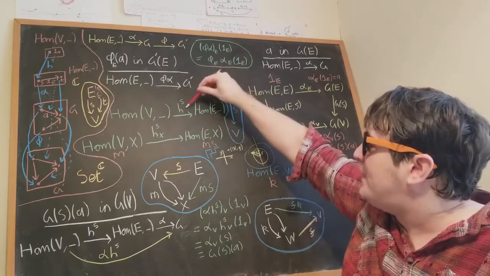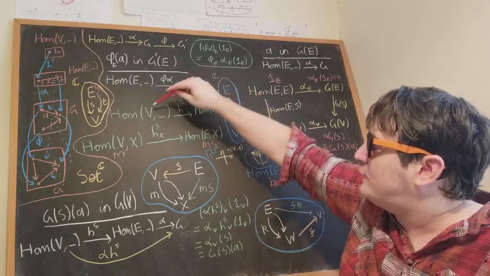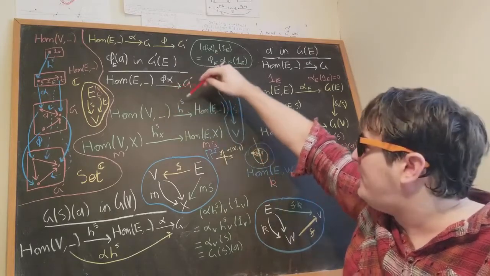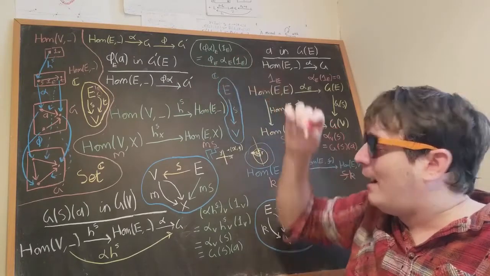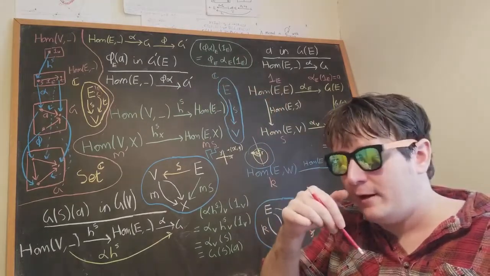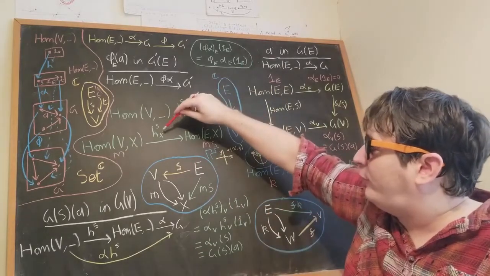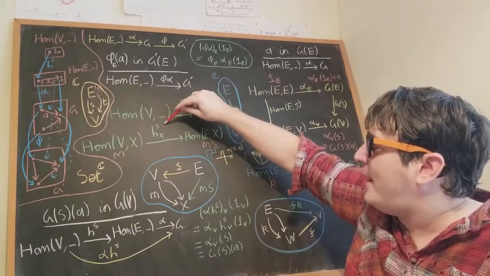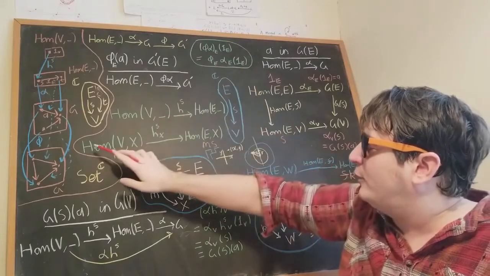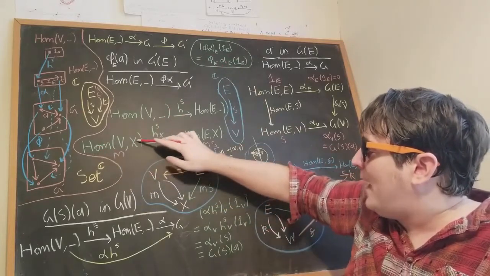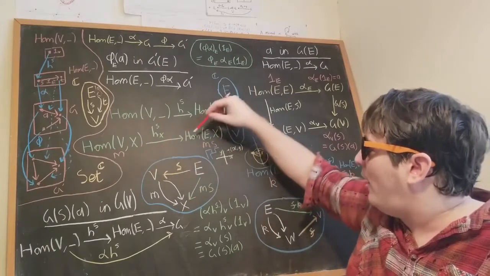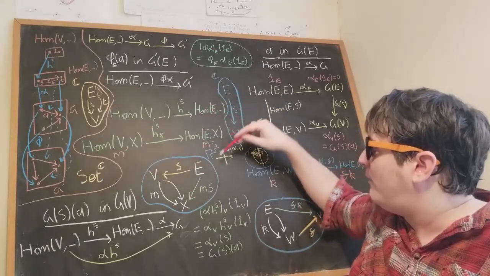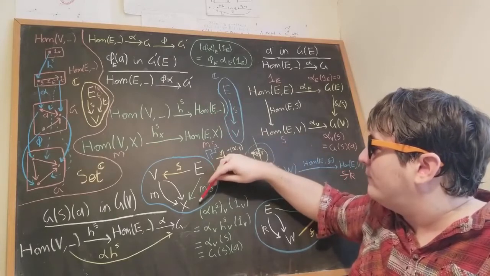So what is this H to the power of S? Well, it's a natural transformation from hom V comma blank to hom E comma blank. And how is this natural transformation defined? Well, the x-th component of H to the power of S ought to take us from hom V comma x, the set of arrows from V to x, to hom E comma x, the set of arrows from E to x.